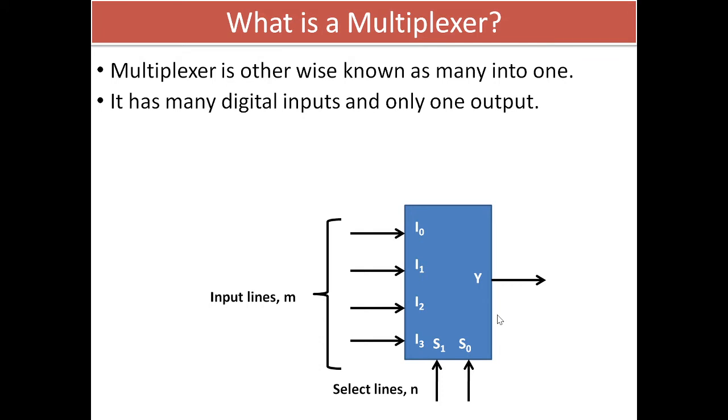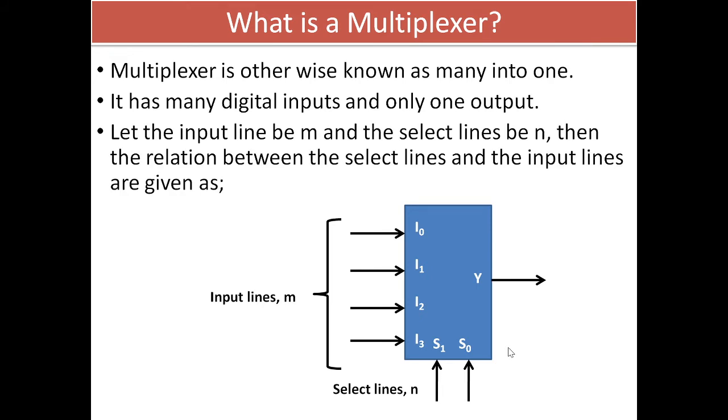So we can see there are many digital inputs and only one output. Let us designate the input lines by M and the select lines by N. Then the relation between these two will be 2 to the power n is equal to M.